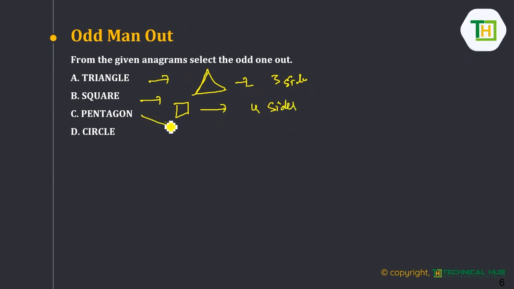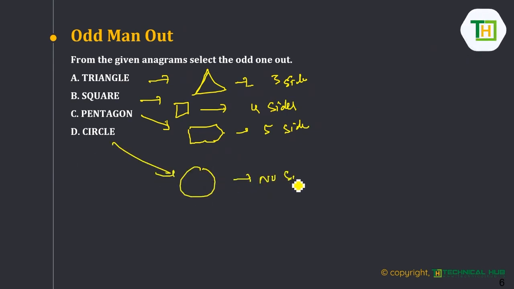Pentagon has five sides. Circle has no sides. So three are following the same rule, having sides, and option D is different from the remaining. So directly option D is the odd one out.